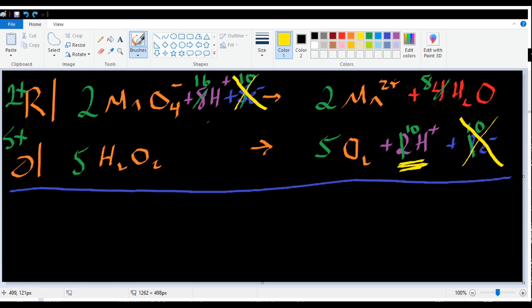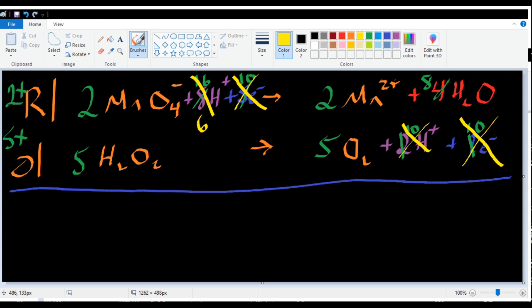So those will cancel out. But not perfectly, because we have 10 hydrogen down here, we have 16 up there. So the 10 hydrogen will be canceled out completely, and then 16 minus 10 leaves us with 6. So that's all the stuff that can cancel out in this particular reaction.